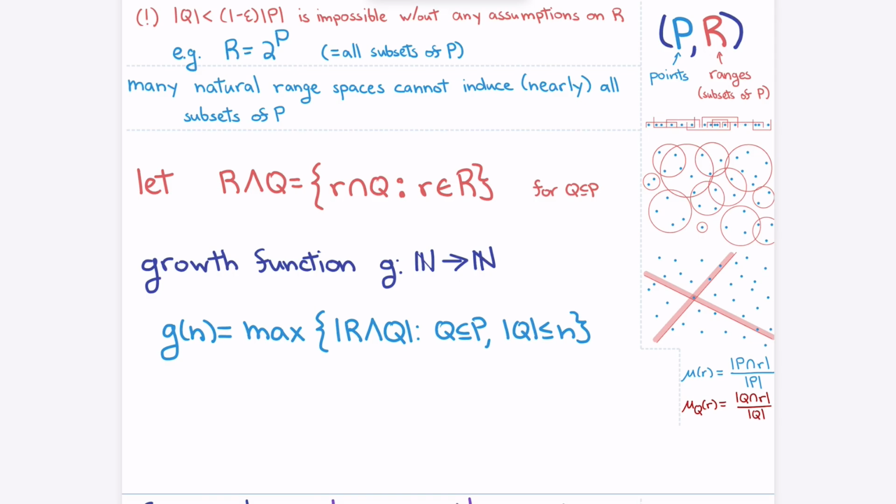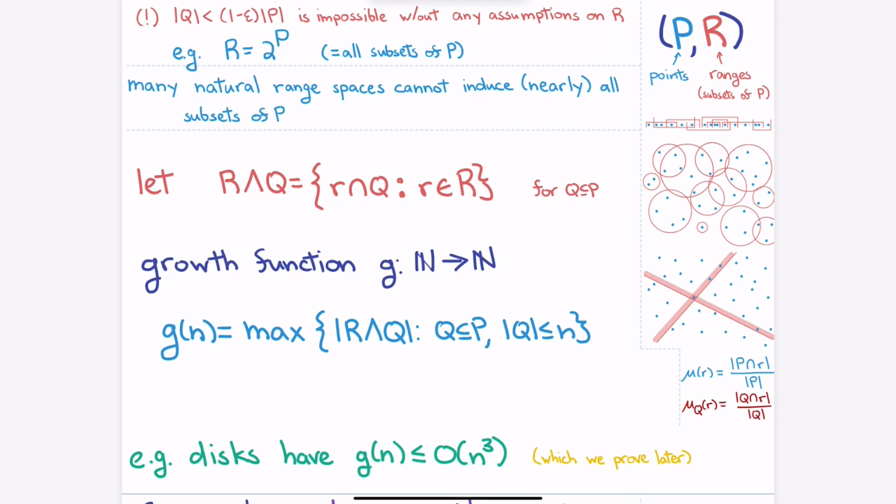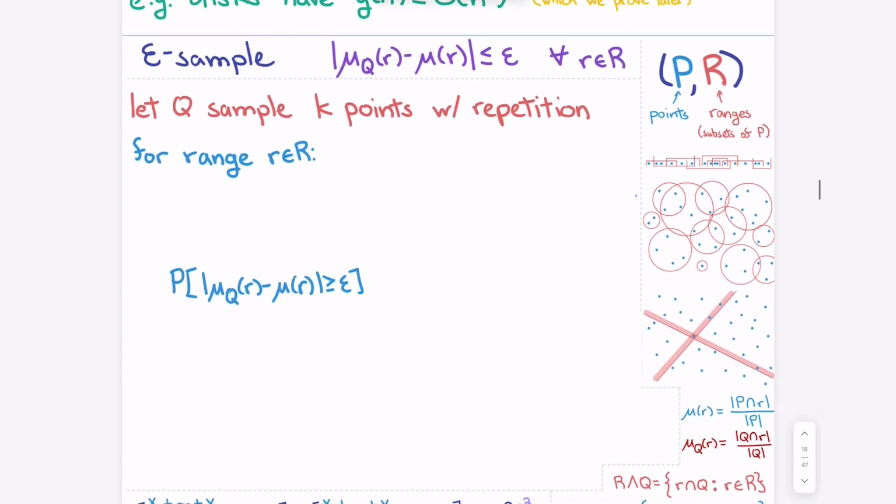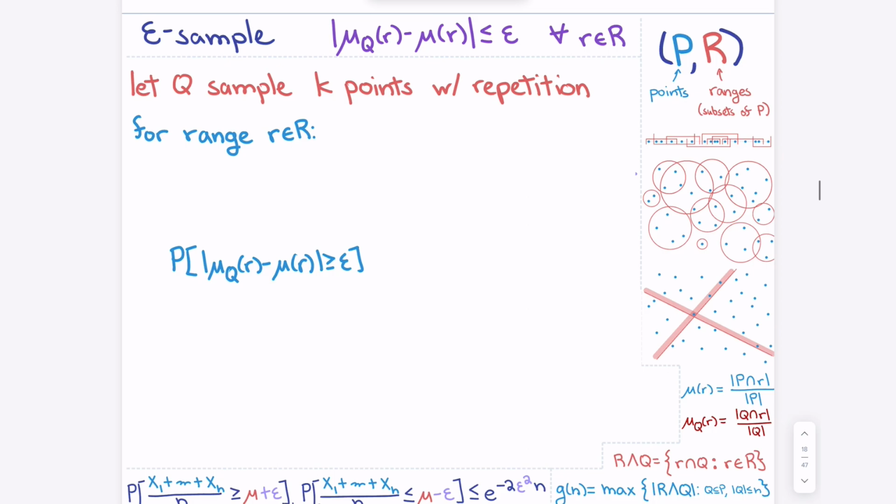Yes, disks will give you about n cubed. We're going to try to do something parameterized by the growth function in this class. If a range space has a low growth function, I want to get a really small sample and preserve all the weights.